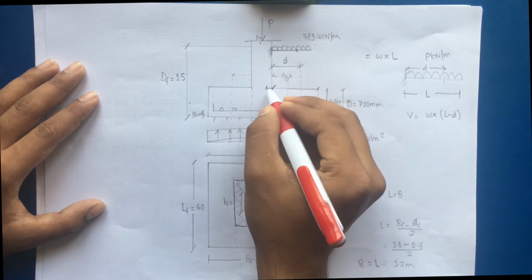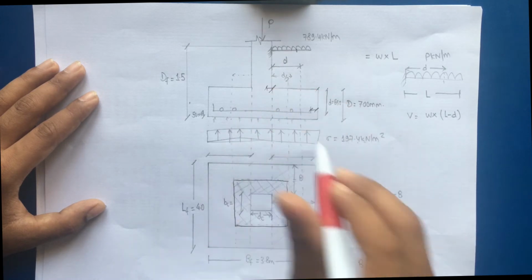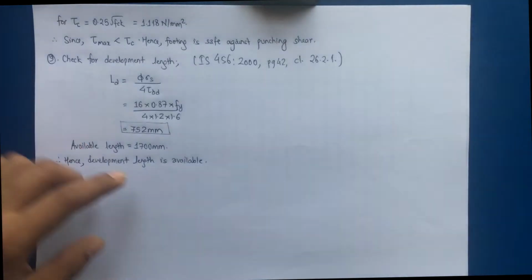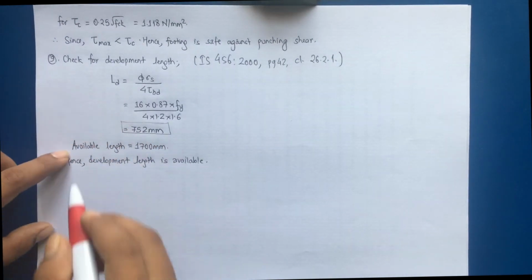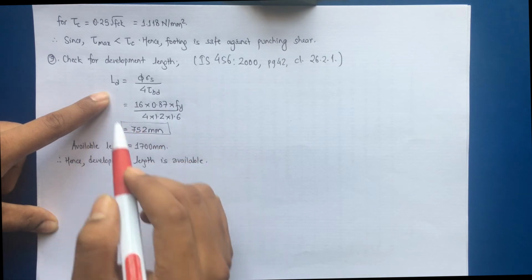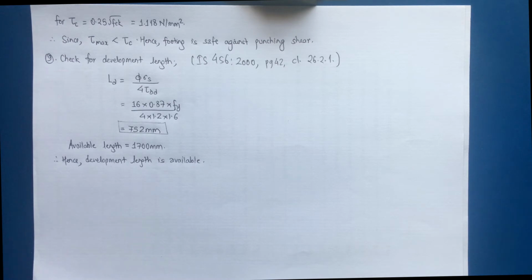So considering this also as 50 mm, so 50 and 50 will cancel, so the available length will be 1700 mm. Since the available length is greater than LD, the development length available is sufficient for the bar development. So this is about the check for development length.